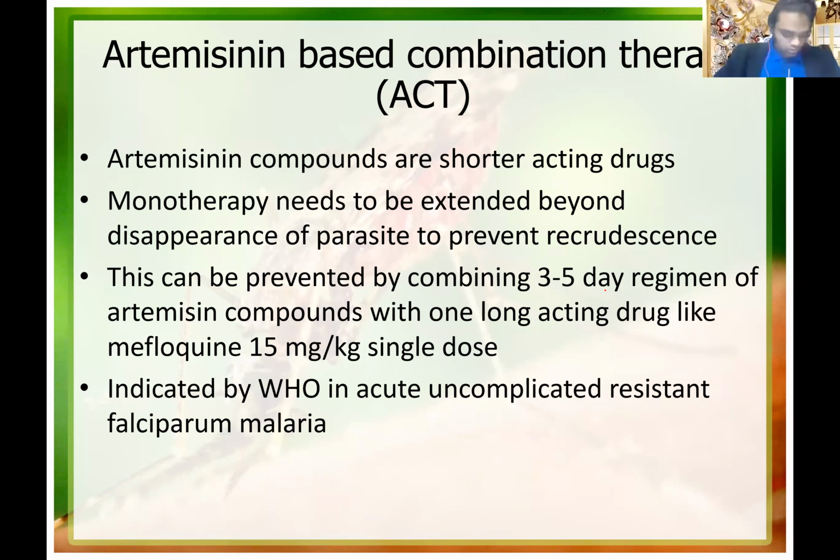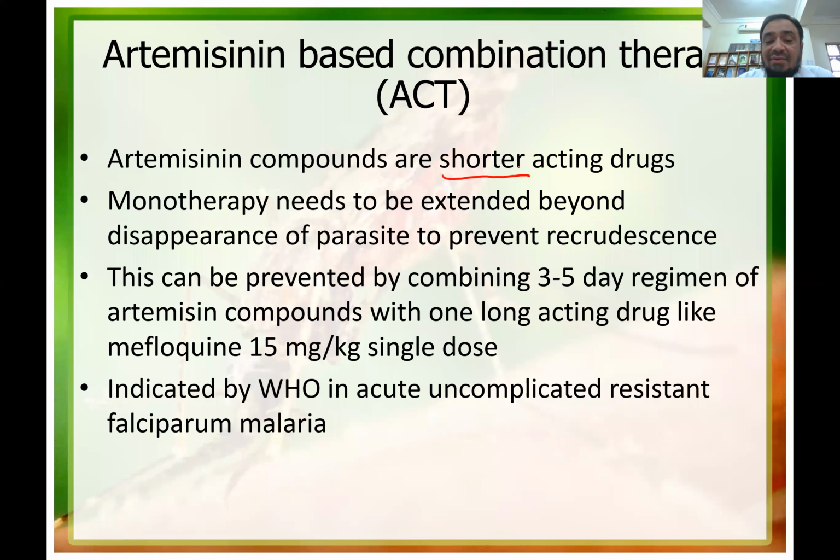Lumefantrine. Yes. So why do we have to combine it with some other drug? Because artemisinin compounds are shorter acting. Okay, they have a short half-life, and the monotherapy with artemisinin should be extended beyond the period of the disappearance of parasite, to prevent the recrudescence.